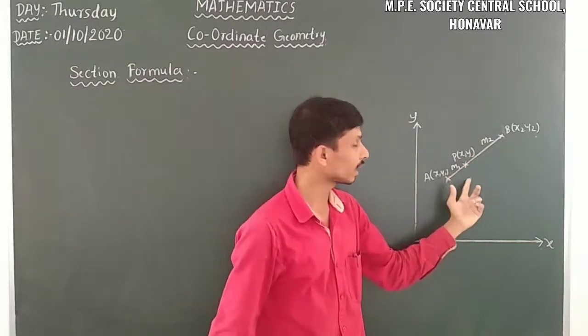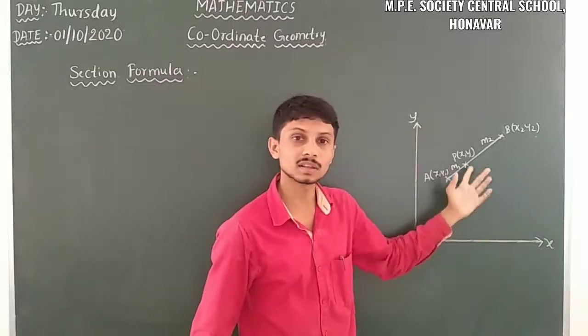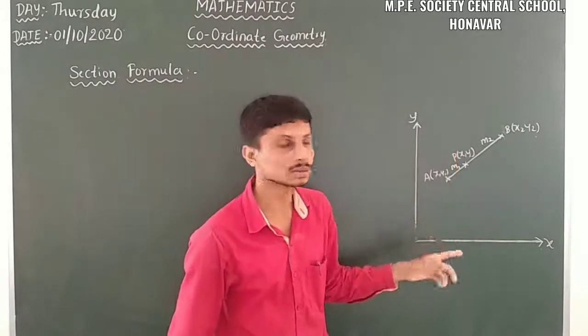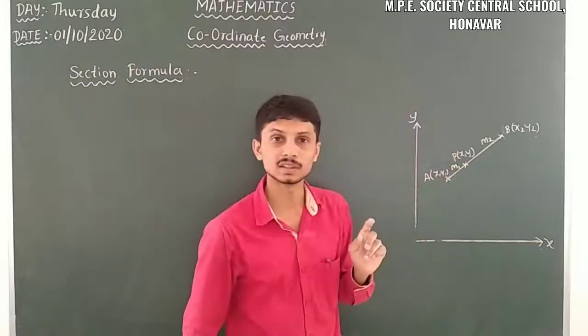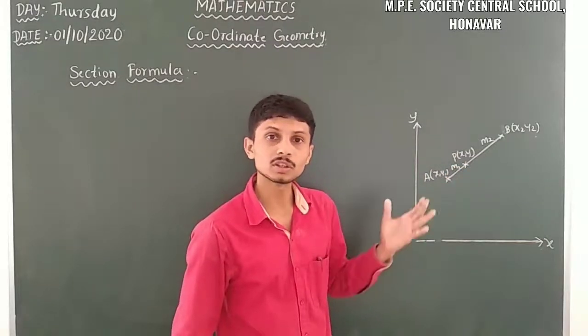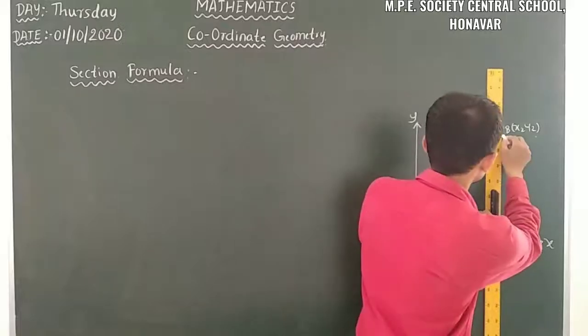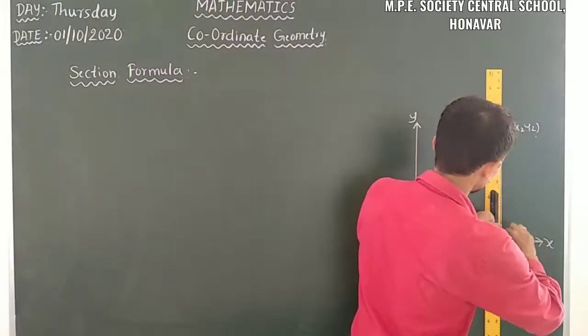Here also we have to construct a right angle triangle, and from the Pythagoras theorem we can calculate this distance. That's why we take some construction. Firstly I will take the constructions like this.